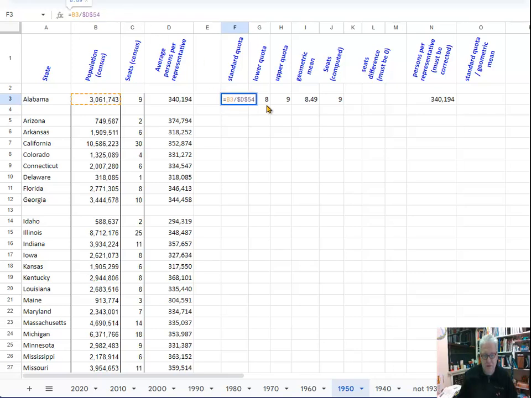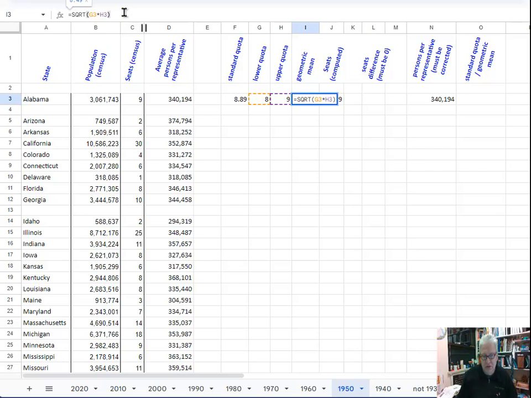That's what it says here. The next one is you take this number and round it down, so 8.89 becomes 8, and here you round it up, so 8.89 becomes 9. So these are these two numbers, you can see it here, round up and round down. This one is the geometric mean.